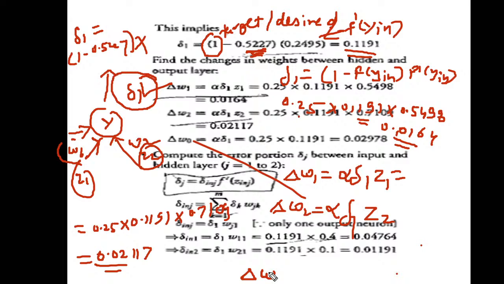The change in weights of bias is represented by delta W0, which is directly alpha into delta 1, because the input is 1. So 0.25 into 0.1191, and this will become 0.02978.